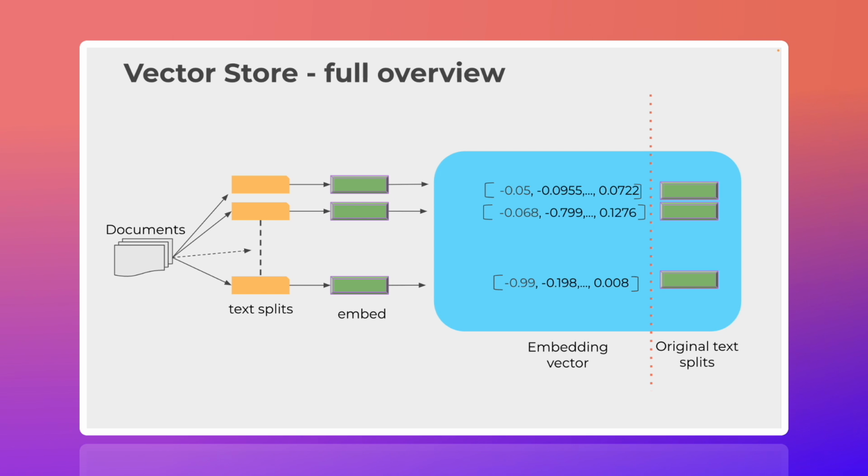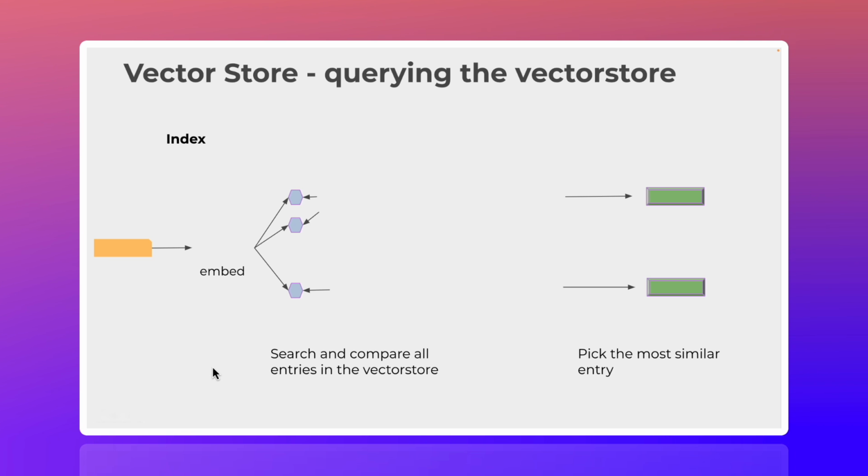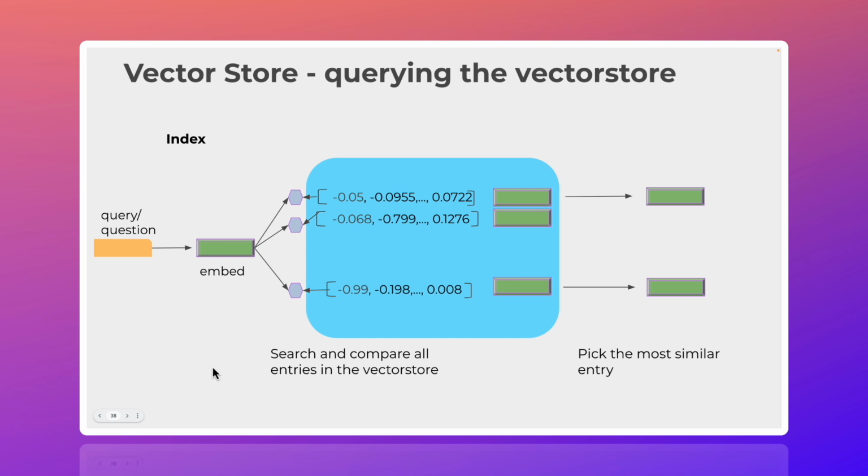This whole process is extremely important because when we are ready to query the vector store for embeddings, this is what happens. Let's put it all together. We have the question. This is the indexing part. The question goes through the embed process because it has to be transformed into embeddings so that the whole system understands.